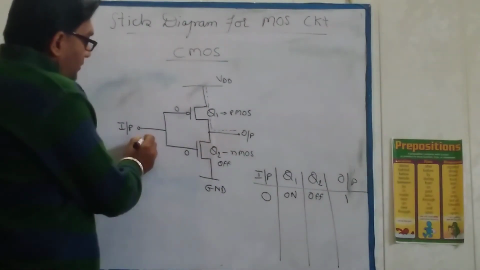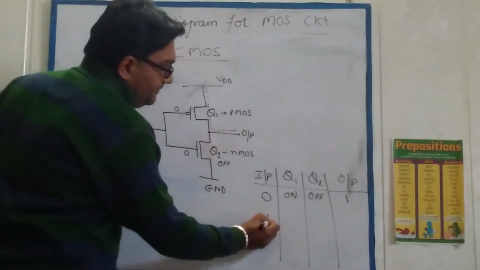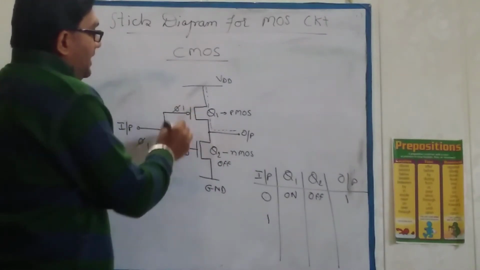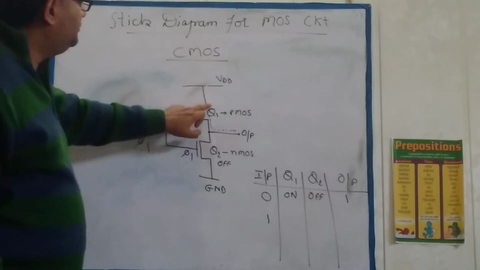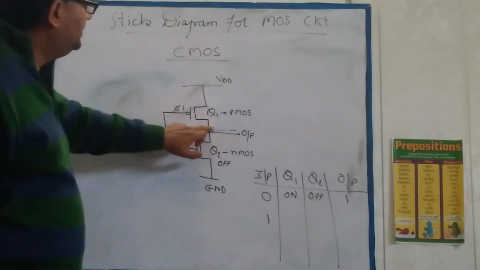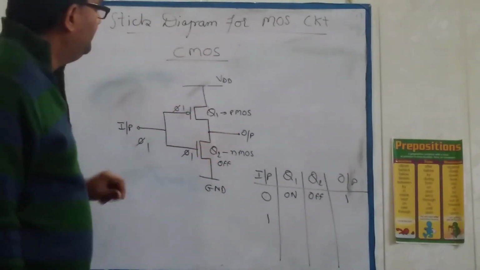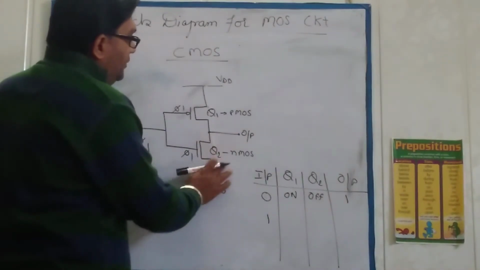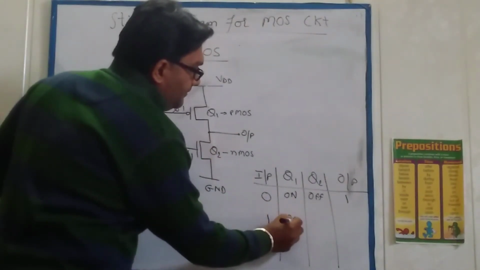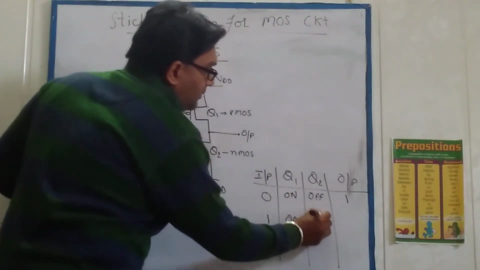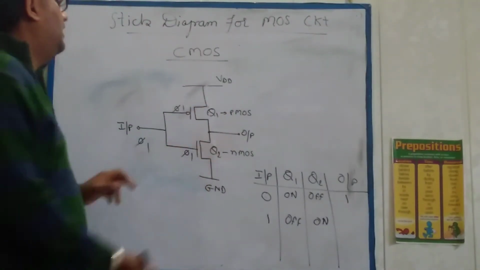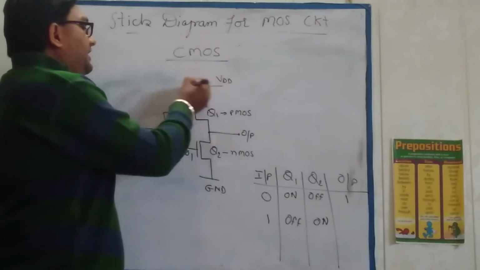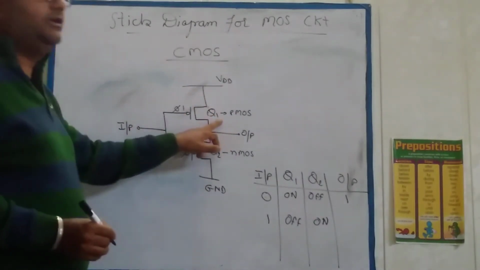Similarly, if I apply 1 here, the 1 appears at both gate terminals. Now the situation reverses. Transistor Q1 is now off and Q2 is on. Now the path of VDD is blocked by Q1 because Q1 is off.